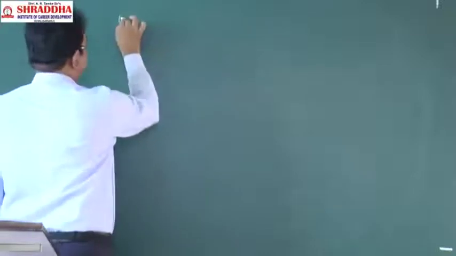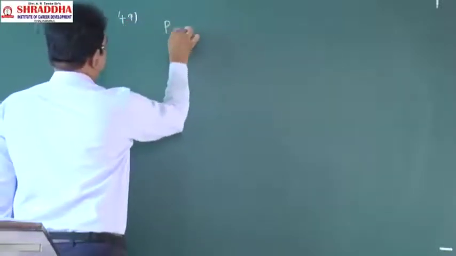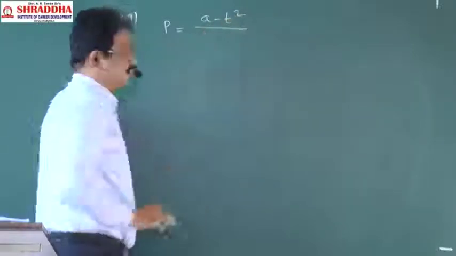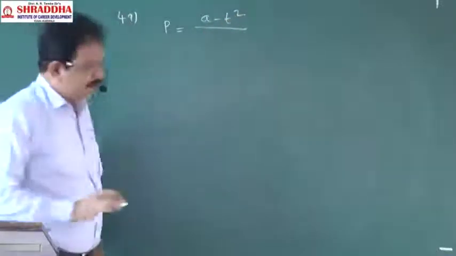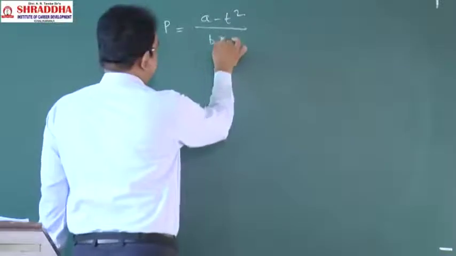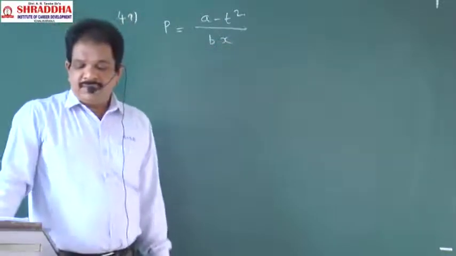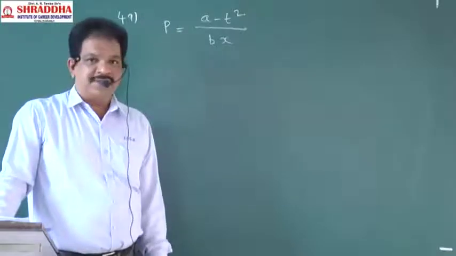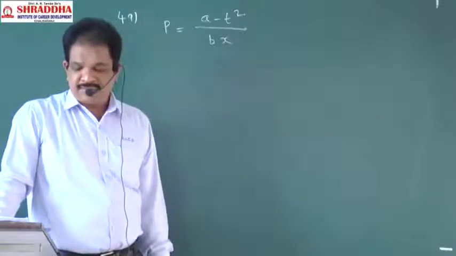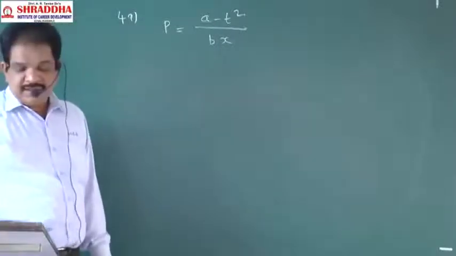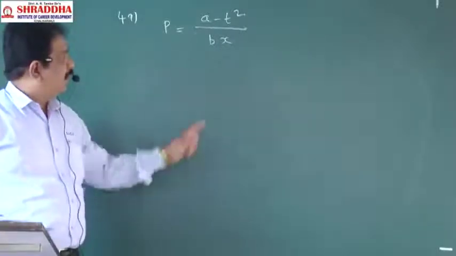See, P is equal to A minus T square by Bx. This is the given equation. Then what they are asking, what is the dimensions of A by B?